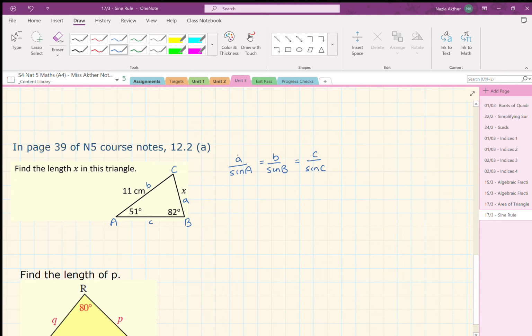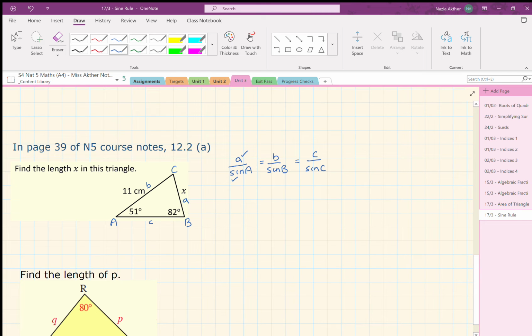For a over sine A, we don't know a, but a is x, and x is the length we need to work out. So this is one of the lengths that we need, so we put a tick next to it. We also know angle A, which is 51 degrees, so we can work out what sine A is, sine 51. So we put a tick next to it.